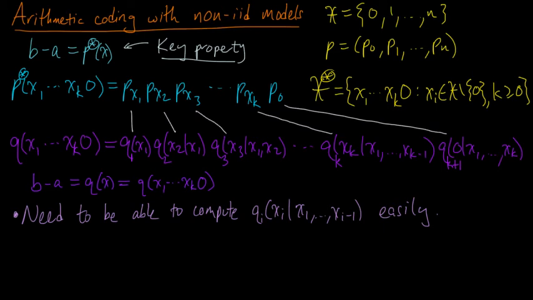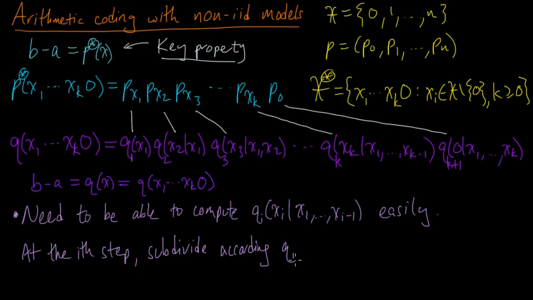Granted that we can do that, at the ith step all you do is subdivide according to q of xi given x1 up to xi minus 1, instead of p.